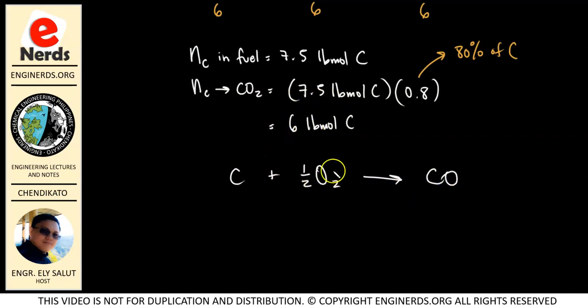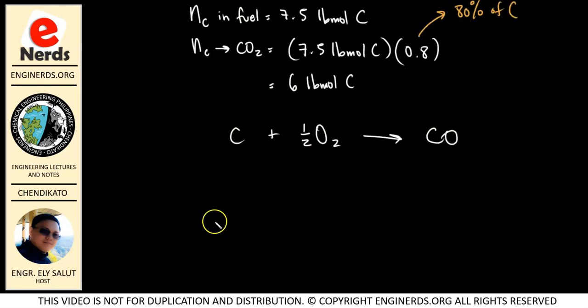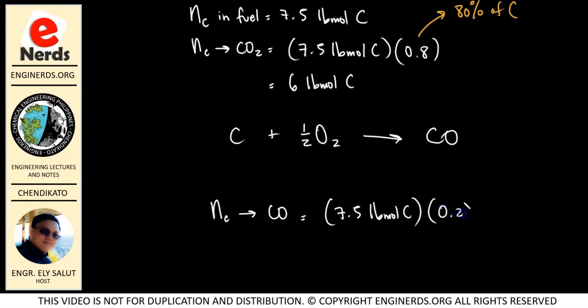So, gaano karaming carbon naman ang na-convert into carbon monoxide? The number of moles of carbon that is converted to carbon monoxide is equal to 7.5 pound mole ng ating carbon sa fuel times 20%, because the remaining 20% of the carbon in the fuel is converted to carbon monoxide.